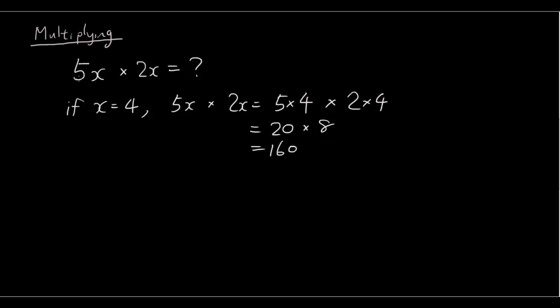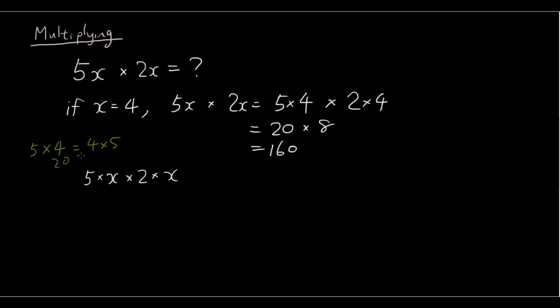Now 5x times 2x can actually be written as 5 times x times 2 times x. One of the rules in multiplying is that 5 times 4 is the same thing as 4 times 5.